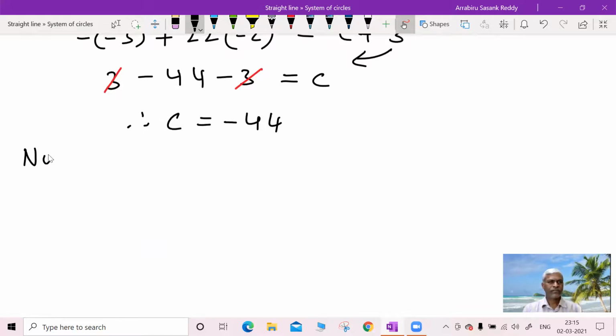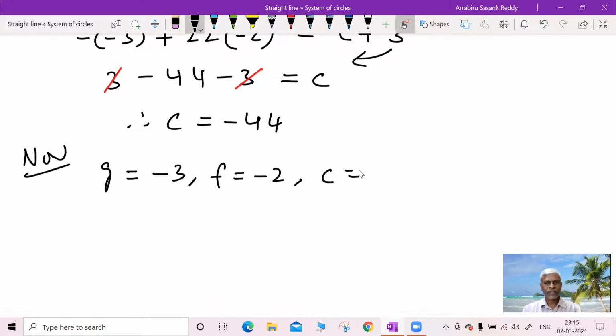So now we have all the values. G value minus 3, F value minus 2, C minus 44.